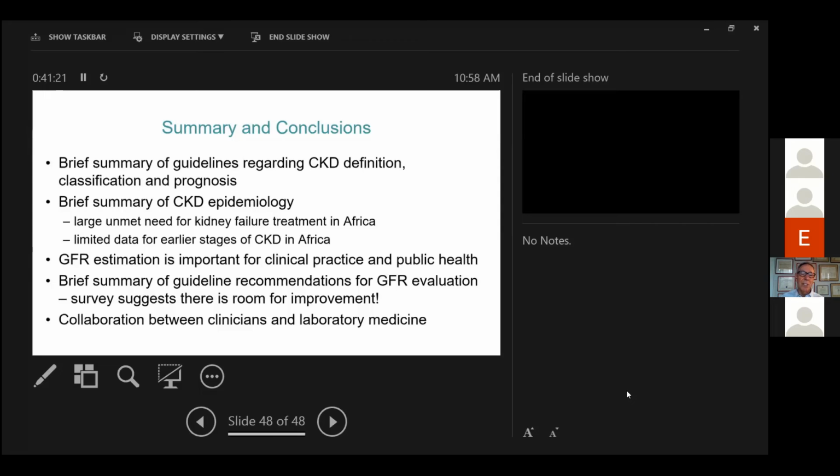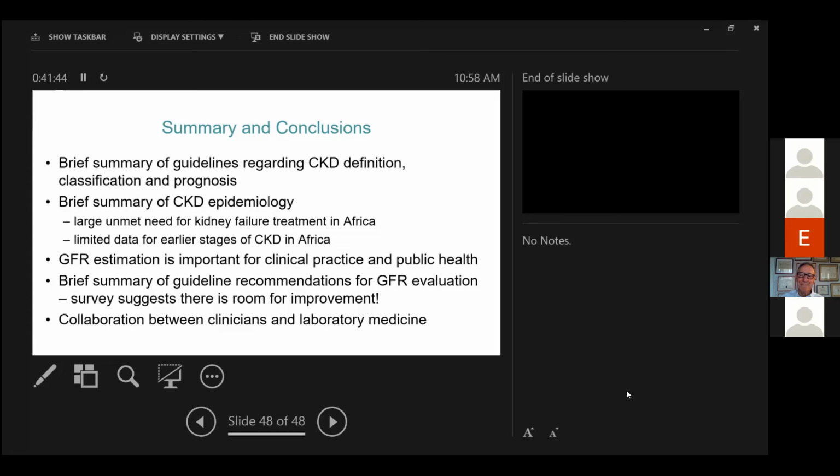Any other test is going to be more expensive than creatinine because creatinine is so cheap. We should probably do a lot more cystatins than we're currently doing. If we did 1,000 times more cystatins, it wouldn't be too many, but we'll always start with creatinine. Thank you very much.